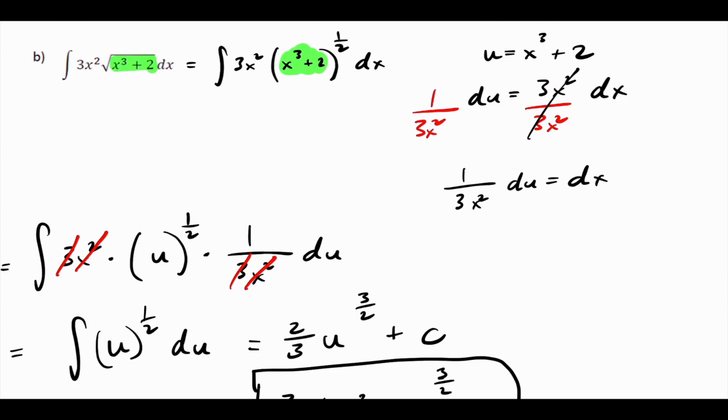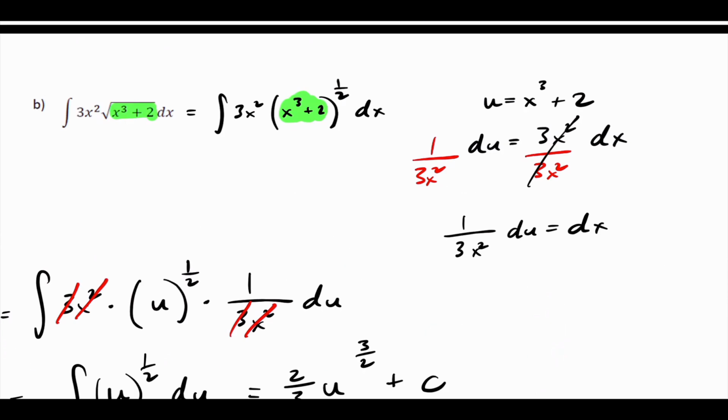Let me go back here. When we found a u, was du in the problem for letter B? Yes. Right? When we found a u, was du in the problem? Yeah, it's right there.